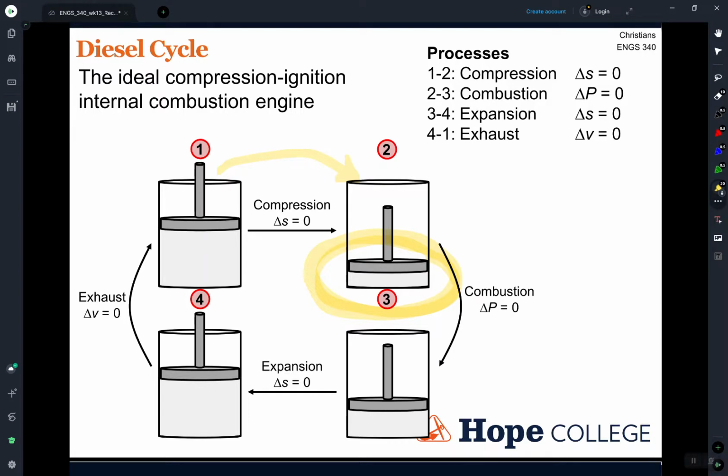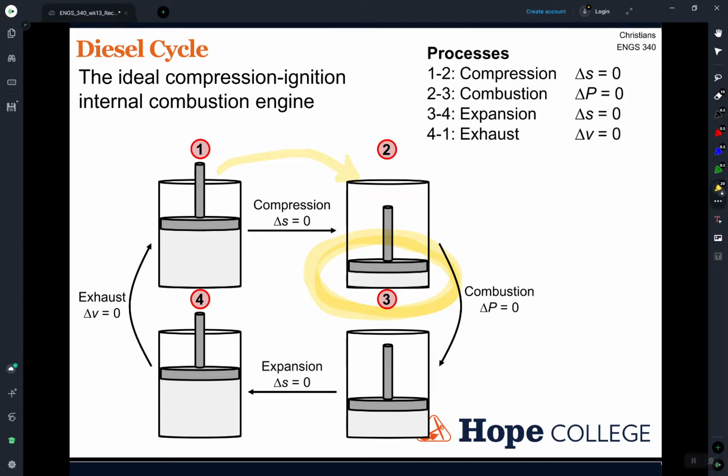In a diesel cycle, we just keep compressing it until it combusts. So that changes the dynamics of the combustion process a little bit, where the Otto cycle combustion was essentially instantaneous. It happened, there was no volume change. The piston basically didn't have time to move.